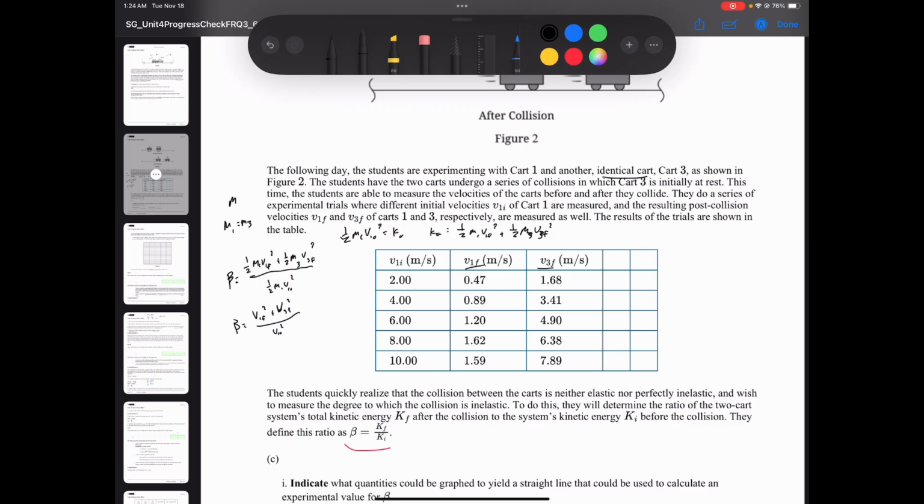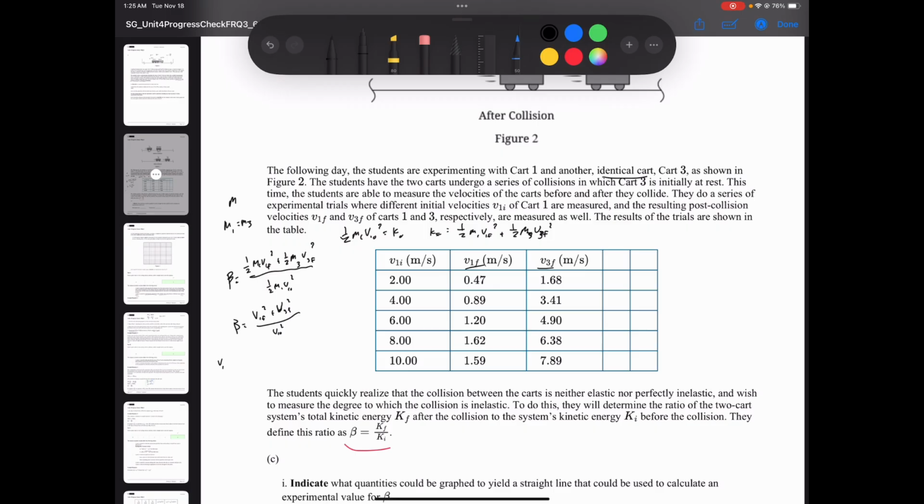And we're basically going to want beta to be our slope. So what we're going to graph, the v1f and v3f, these depend on what v1 naught is, right? So the initial velocity of cart 1, that's our independent variable. So we're going to change that, and we're going to see what the final velocities are.